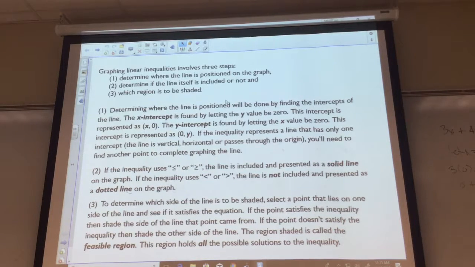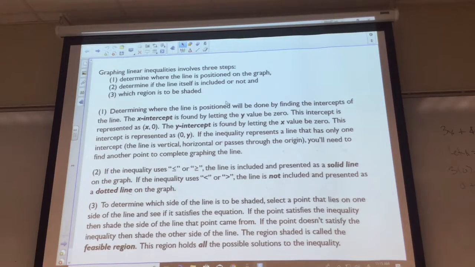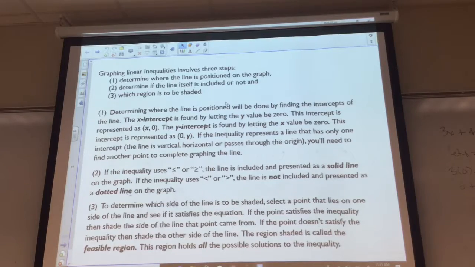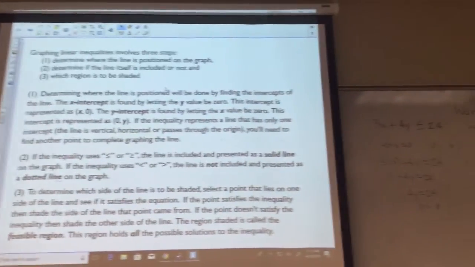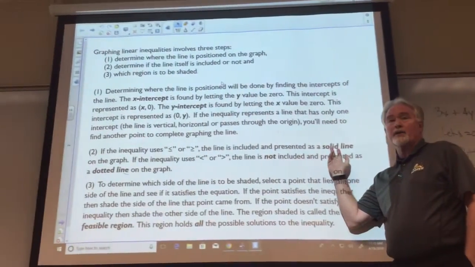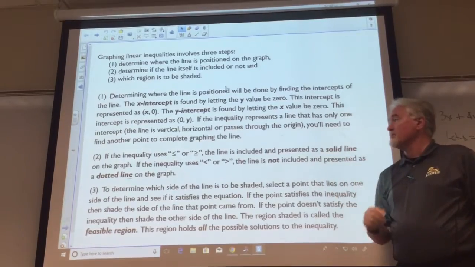So the work that you do to find the intercept is much more done up here than it is over here. If anything, this would be what you would give me in terms of support work for a problem. After we decide where the line is, then we have to decide whether we're going to have a solid line, and that's real simple in terms of a visual.